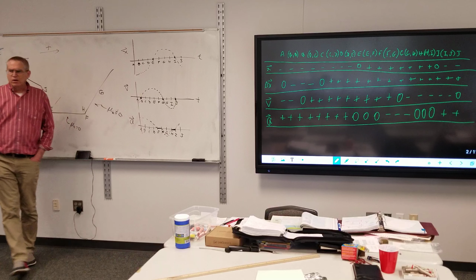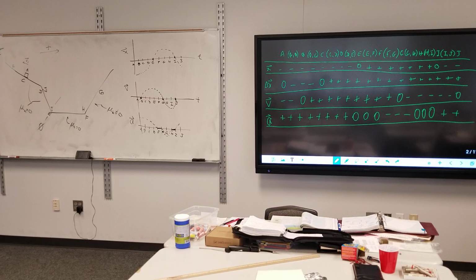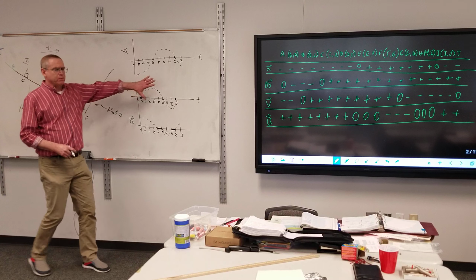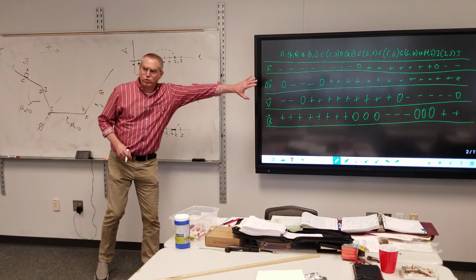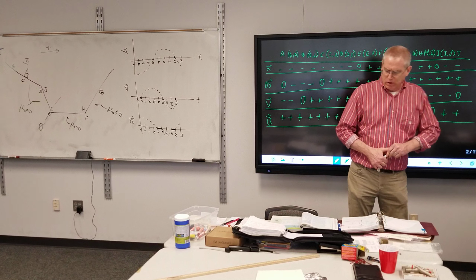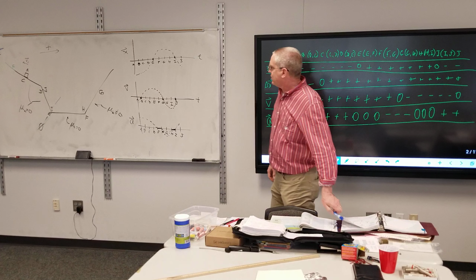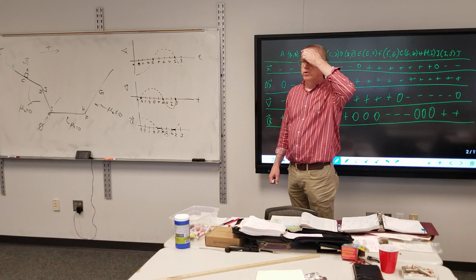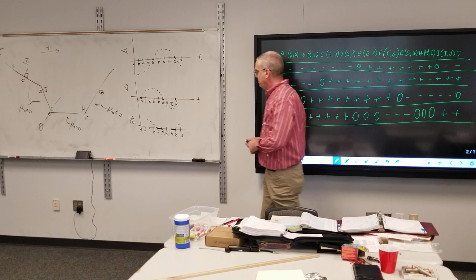All right. So the first thing that I'm doing when I'm grading it is I look to see, does the positive, negative, 0 match what you wrote over here? The next thing I look for is, is it differentiable everywhere? In other words, are there any sharp points?